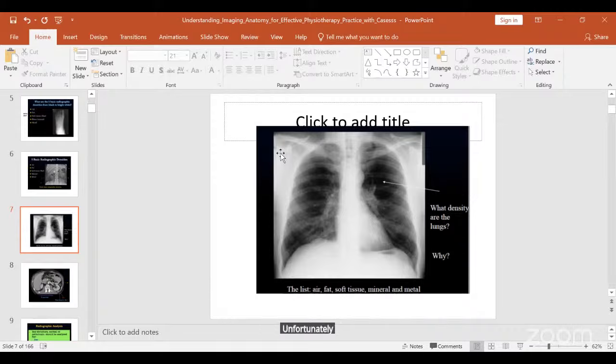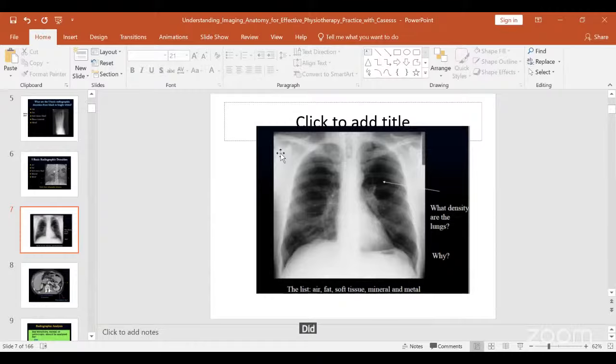Unfortunately, the heart is very thick and muscular, so it absorbs substantially the X-rays and does not allow them to penetrate it. Added to that, behind the heart there is a bone also, which adds to the whiteness in the appearance of the heart.